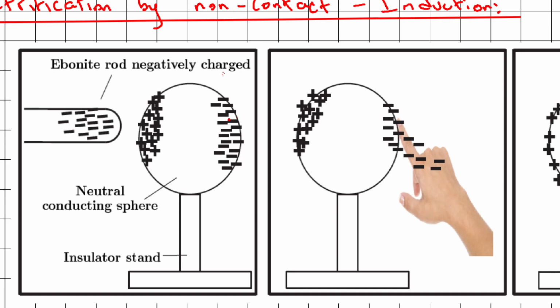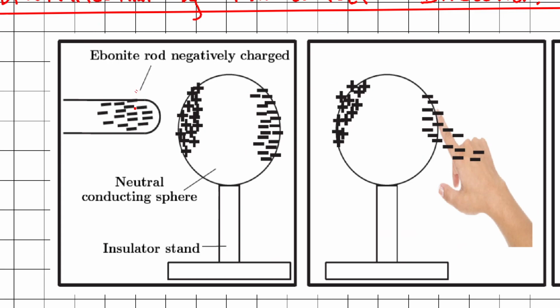The thing is that negative charges are migrating from this part to this part within the sphere itself, leaving this positively charged and leaving this negatively charged. So in other words, since the rod is negatively charged, the positive charge will be attracted to this side and the negative charges will be repelled to this side. So as we can see, an isolation of charges has occurred at the surface of the sphere.